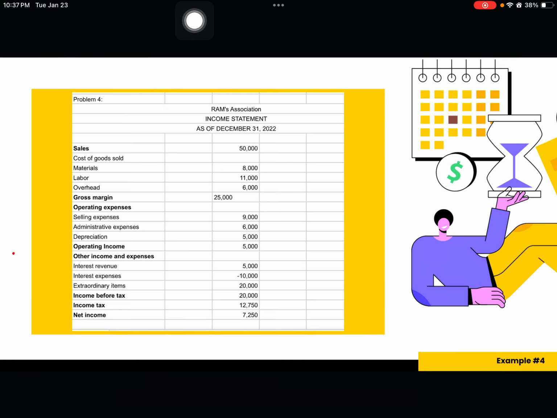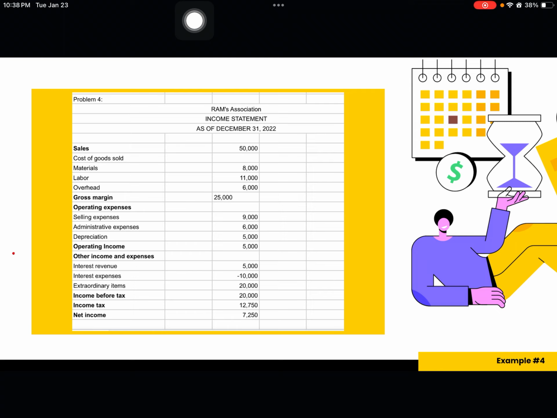Number 4, Rams Association income statement as of December 31, 2022. Sales 50,000, materials 8,000, labor 11,000, overhead 6,000, gross margin 25,000. Operating expenses: selling expenses 9,000, administrative expenses 6,000, depreciation 5,000, operating income is 5,000.